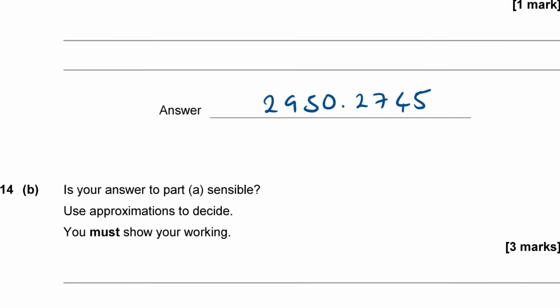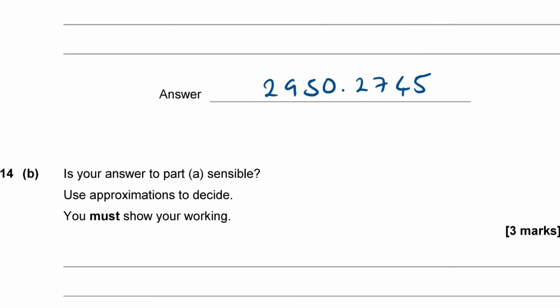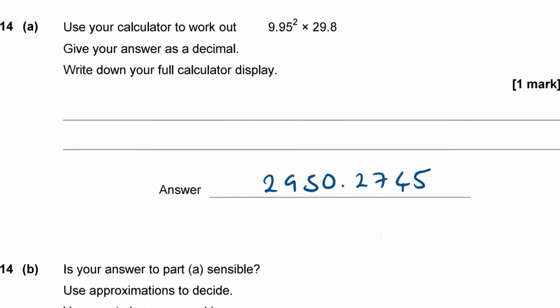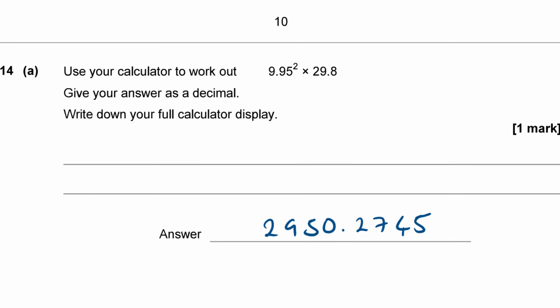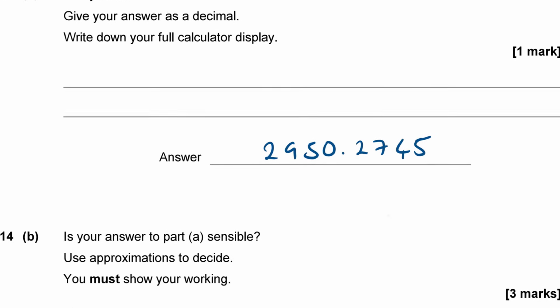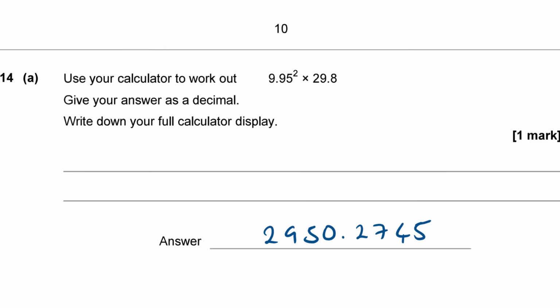Right, question 14b. Is your answer to part A sensible? Use approximations to decide. You must show your working. Okay, so it's asking me to approximate that answer now and compare it with my answer to make sure that I did it correctly. So if I look at 9.95, I'm going to round each one of these numbers off to one significant figure.